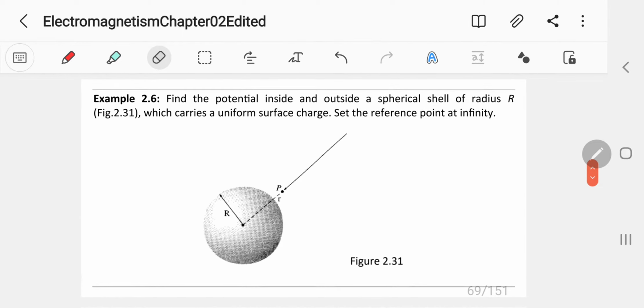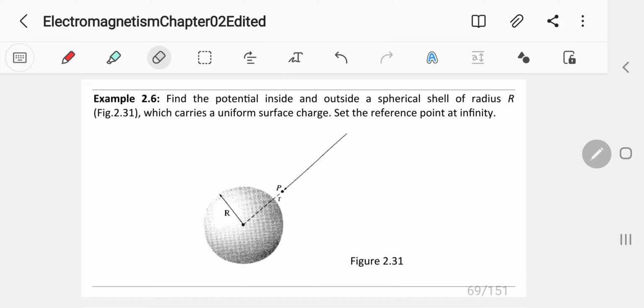So we now go to an example. Find the potential inside and outside a spherical shell of radius r, which carries a uniform surface charge sigma. So we set the reference point at infinity.